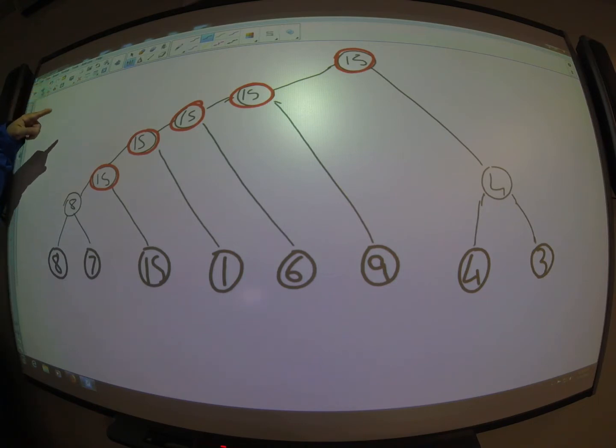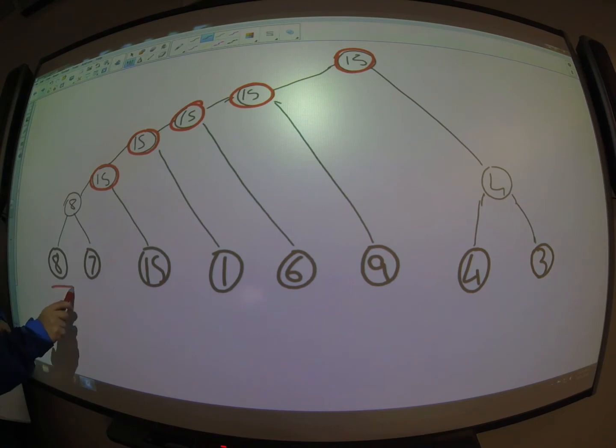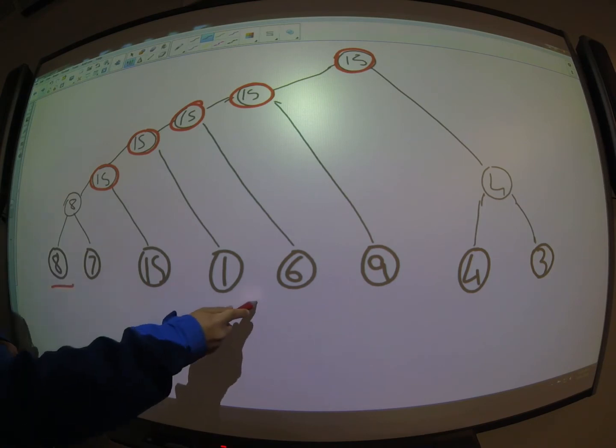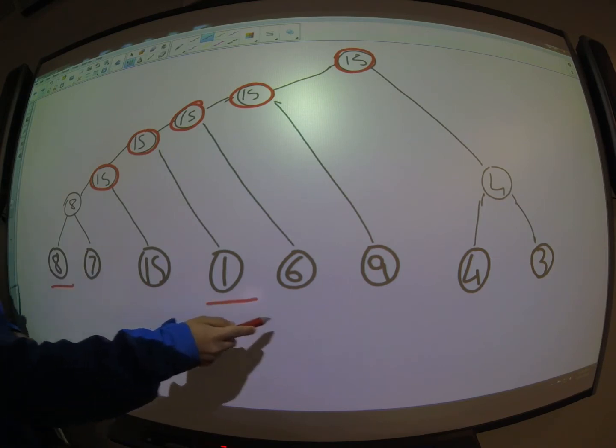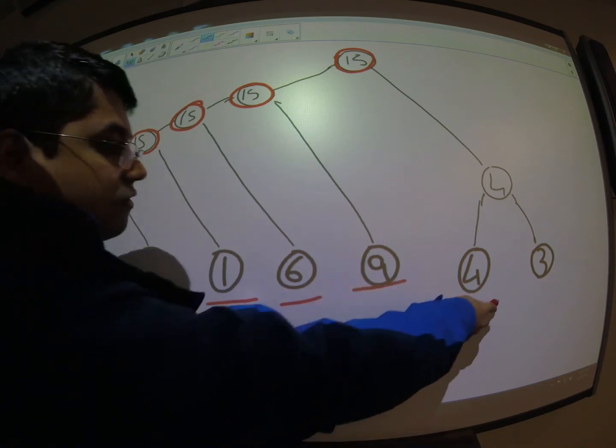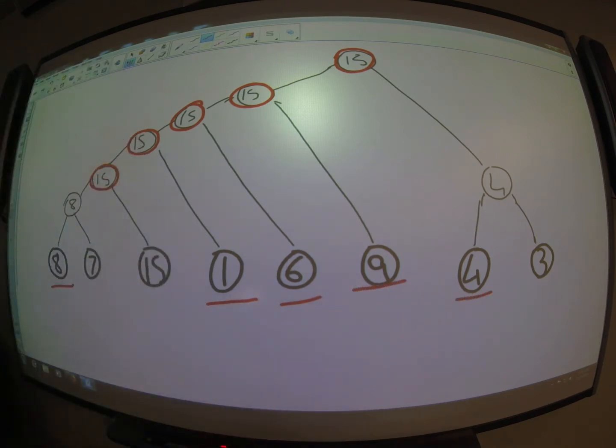Therefore, whatever is the height of this tree, that many contenders are there. 8 is a contender, 1 is a contender, 6 is, 9 is, 4 is a contender. So in order to guarantee that we can find the second maximum in the least number of comparisons, we have to do pairwise comparison at every level.